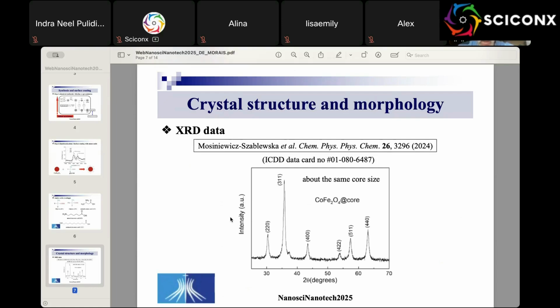And moreover, we observe the same spectrum for all surface coating materials.